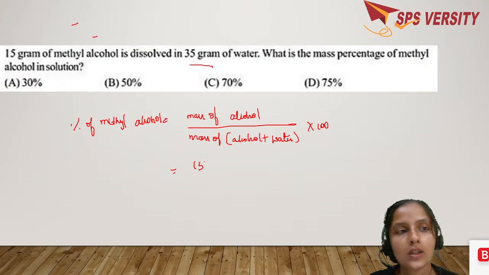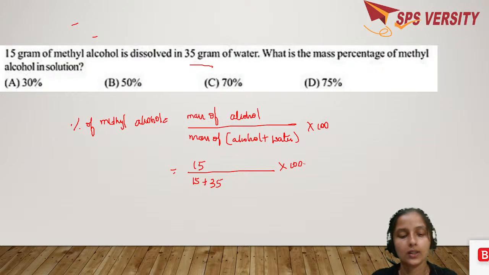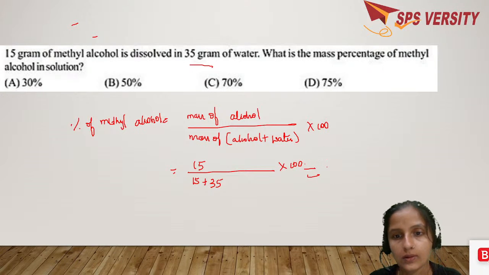That's 15 divided by 15 plus 35, that's 50, times 100. If you calculate that, that will come out as 30%. So the correct answer would be option A.